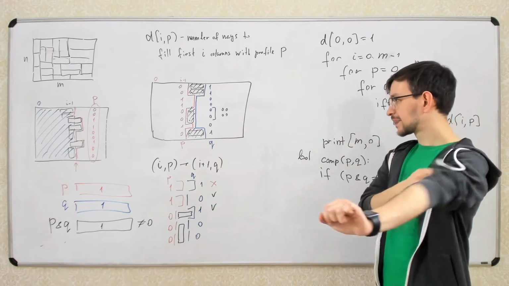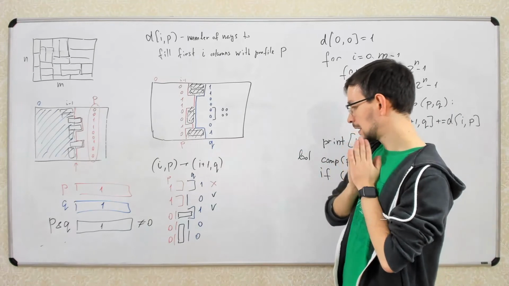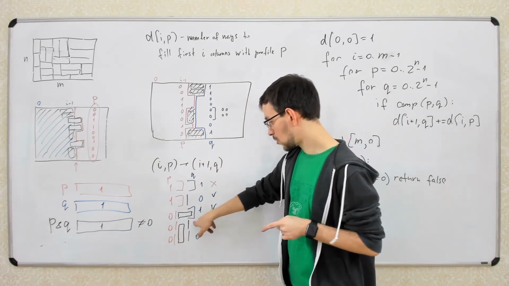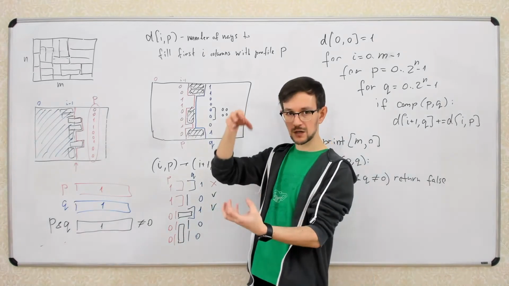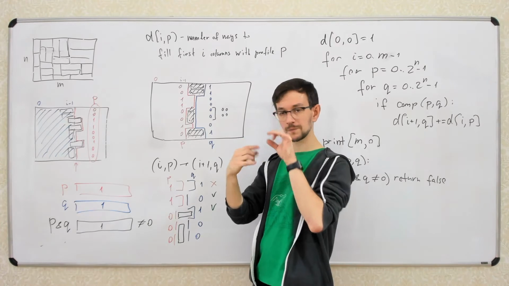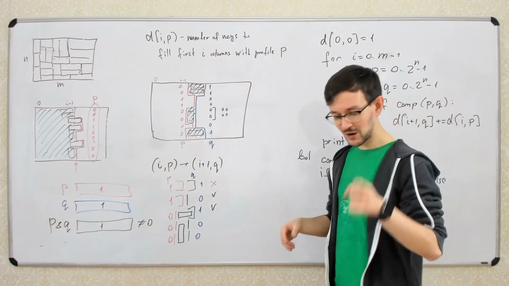Now, again, I will go back. What do I want to check? I want to check that if I have 0 here and 0 here, then all these bits can be split in some pairs of two consecutive rows. How can I do this?